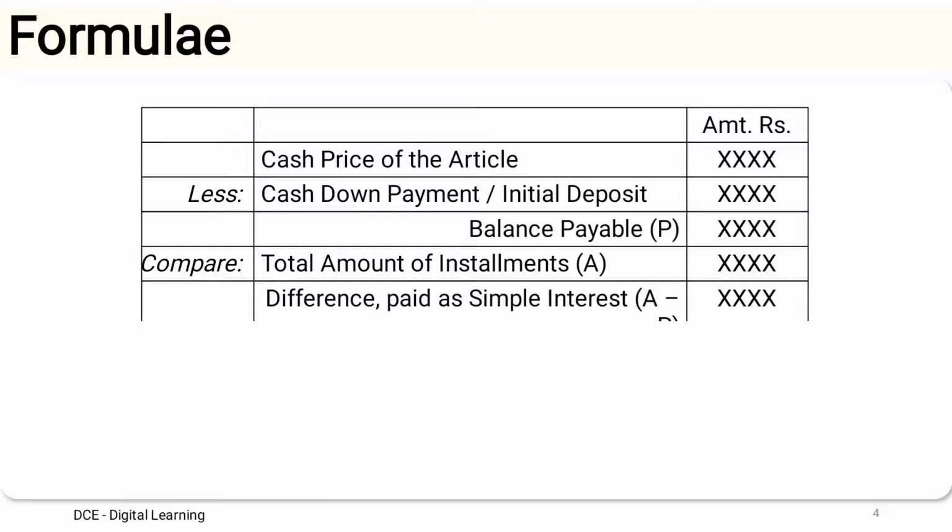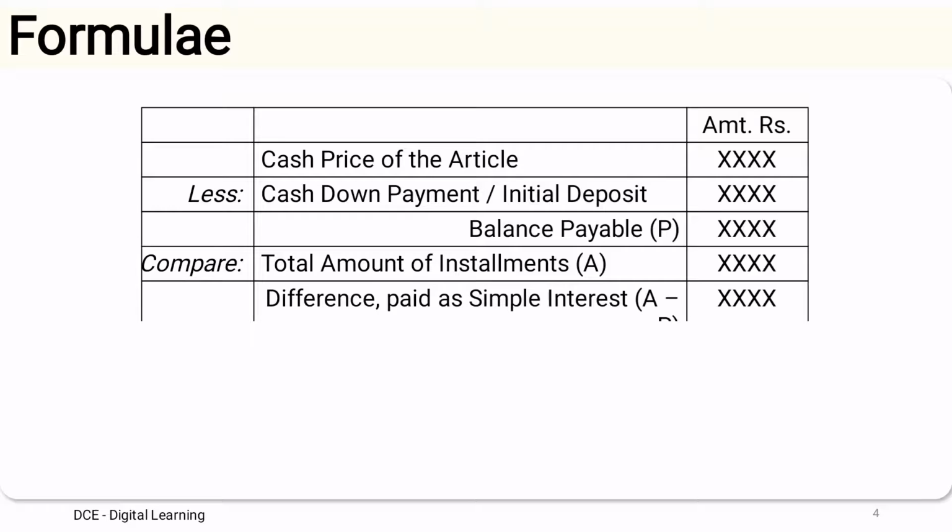Cash price of the article means the net price payable by the buyer to the seller if he buys it with full payment. From this we deduct the cash down payment or initial deposit. So the balance will be the balance payable, which is represented by P. This amount is compared with the total amount of installments represented by A.